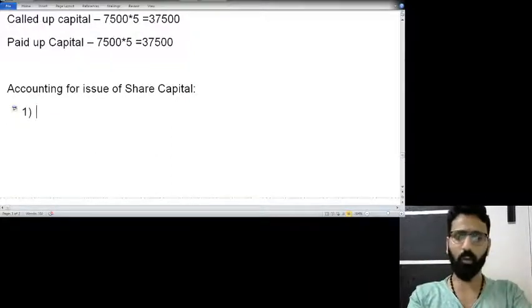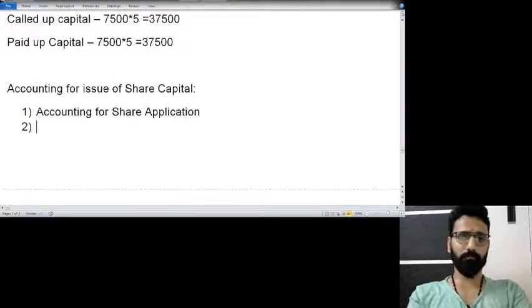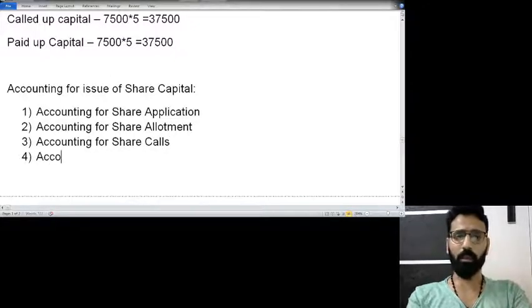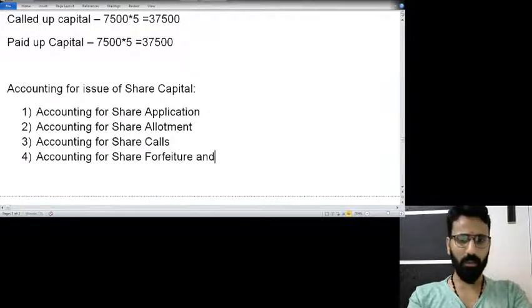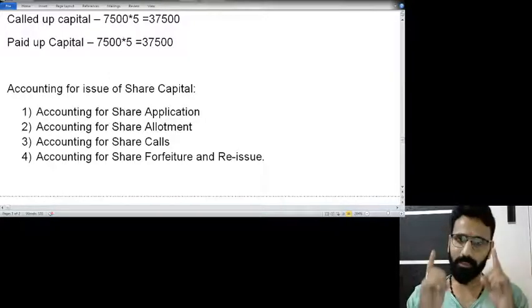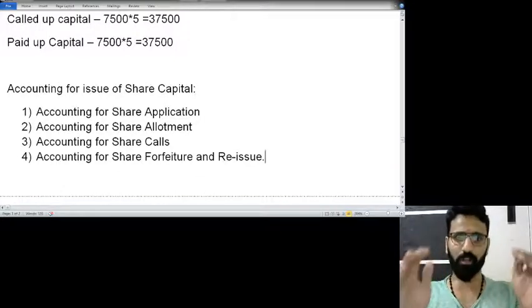Part 1, we call it accounting for share application, number 2, accounting for share allotment, number 3, accounting for share calls, and number 4, accounting for share forfeiture and reissue. So part 1, part 2, part 3, part 4, wherein 1, 2, 3 is actually a single part, should be read together. 4 comes only after the first 1, 2, 3 parts.